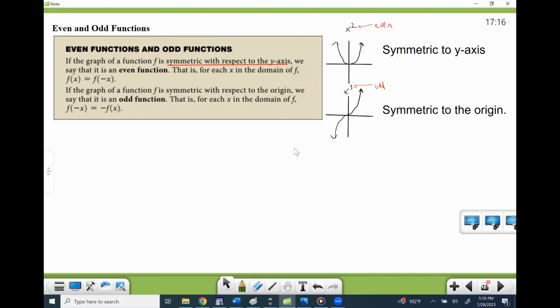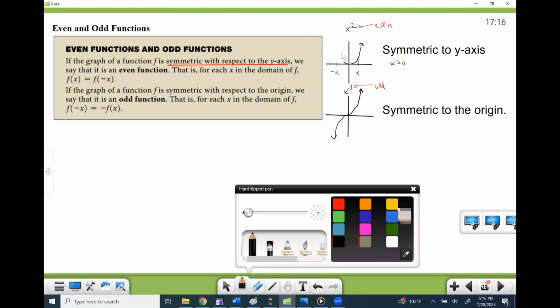Now, the definitions of even and odd, I kind of remember using the same graphs, right? Just bear with me, I'm going to call this guy x and I'm going to call this guy negative x, okay? Let's assume x is greater than 0. Then this distance is supposedly, if I drew this properly, let me try to draw it a little bit better, you guys, so you can see what I'm talking about.